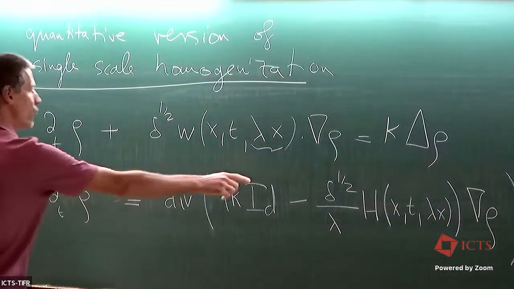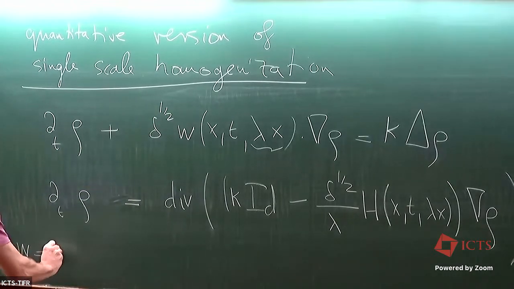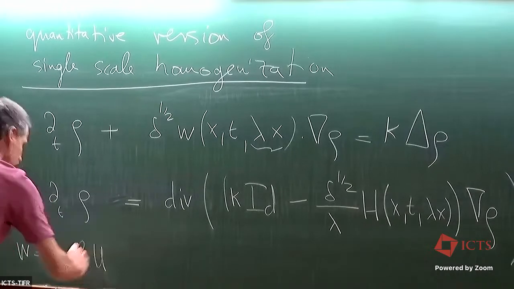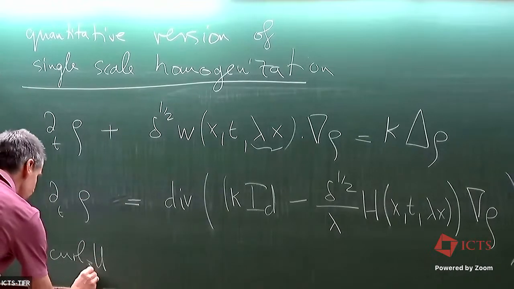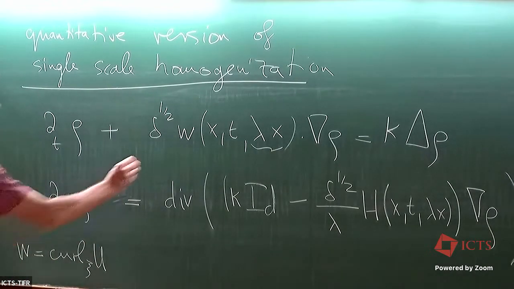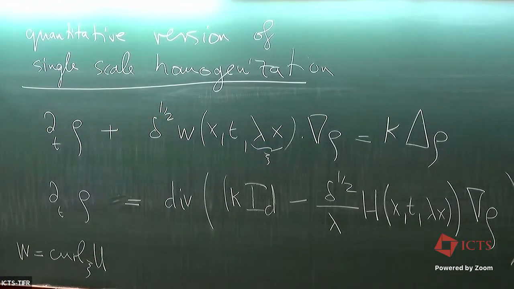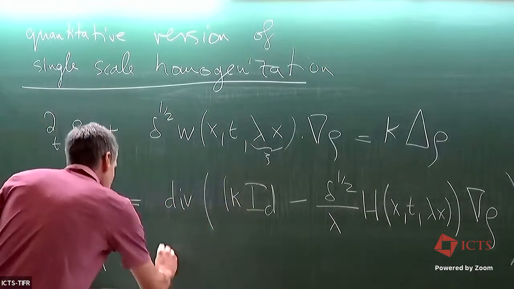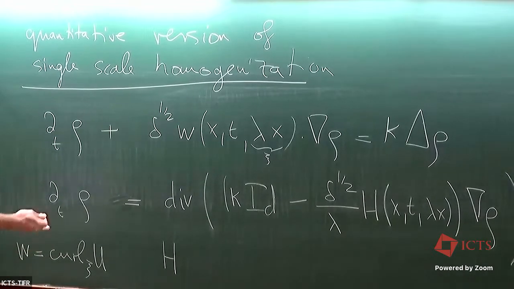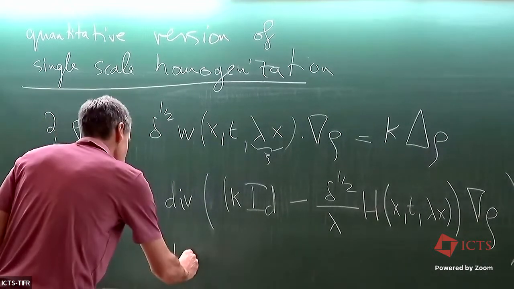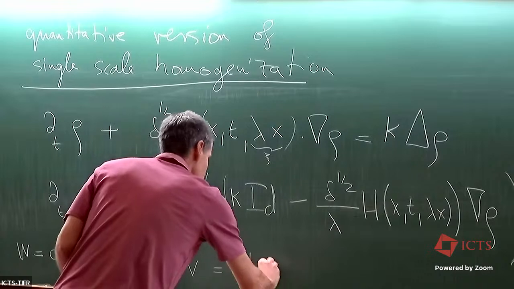Where this h is related to w in the following way: w is curl of some capital U in the fast variable, just to recall, I'm calling this variable psi, and H is an antisymmetric matrix which represents the cross product with U. So H applied to some other vector V is the same as U cross V.